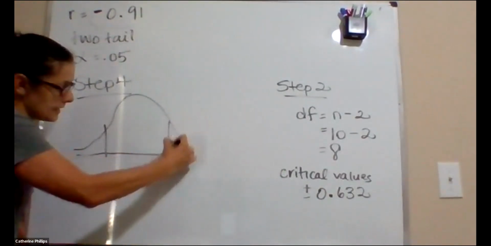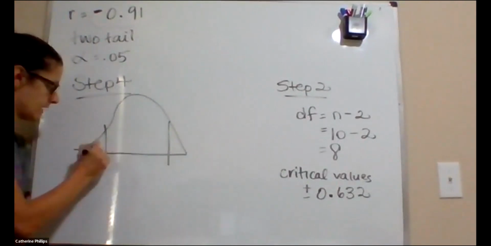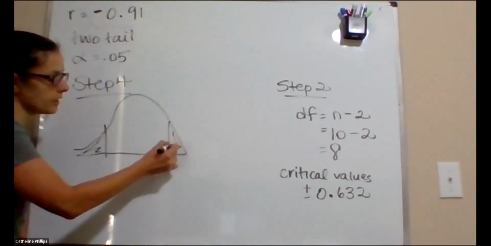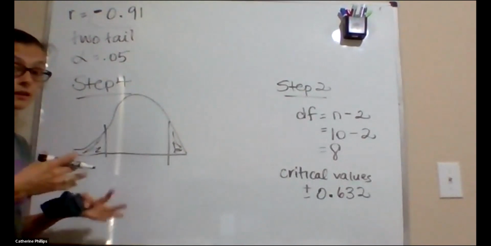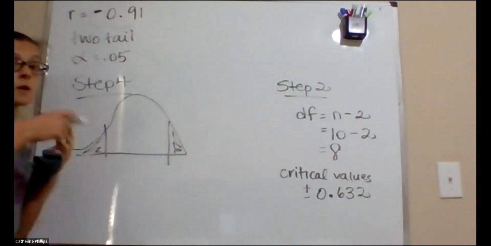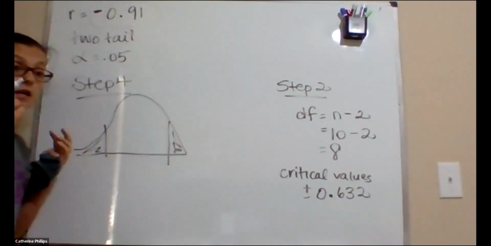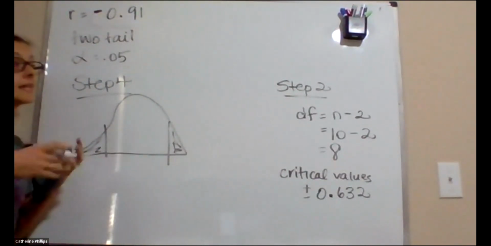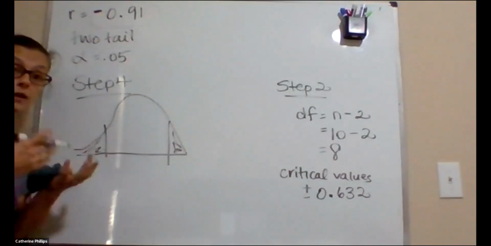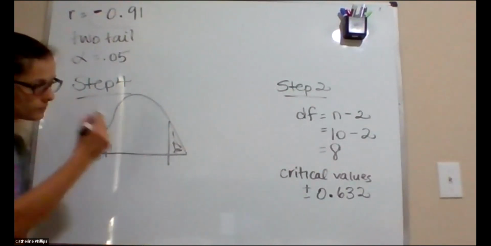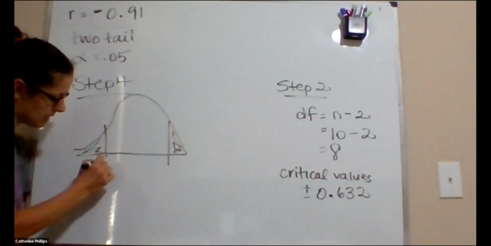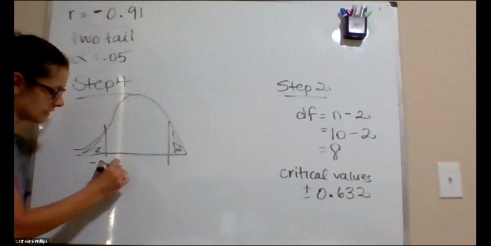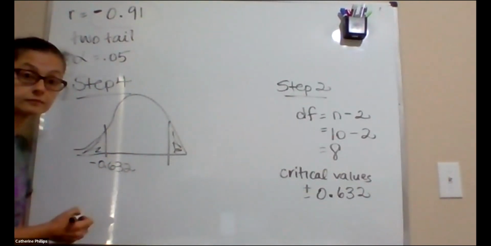So we have a two-tailed test. So we have a tail over here and a tail over here, where if the value we calculate falls in either of those regions, we're going to reject the null and accept the alternative and say there is a statistically significant relationship between our variables. Those cutoff values, minus 0.632.